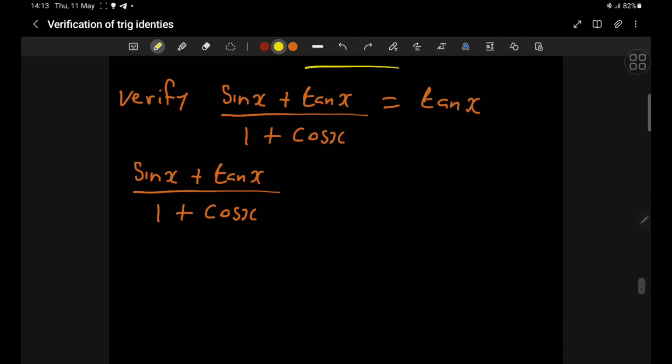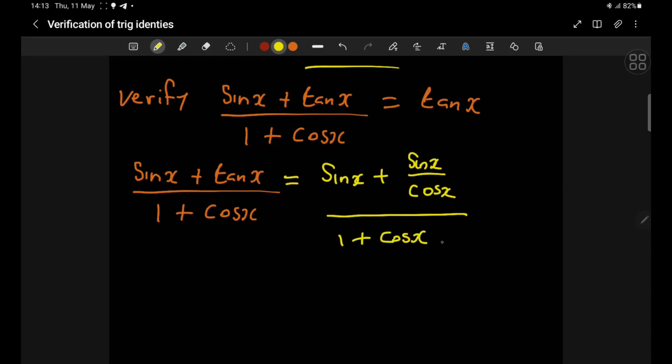So write in our expression. Then we change tan x to sine x over cos x. And this is dividing 1 plus cos x. So from here we can do the normal thing of having a common denominator on the numerator. So that is, we have sine x cos x plus sine x, dividing cos x.